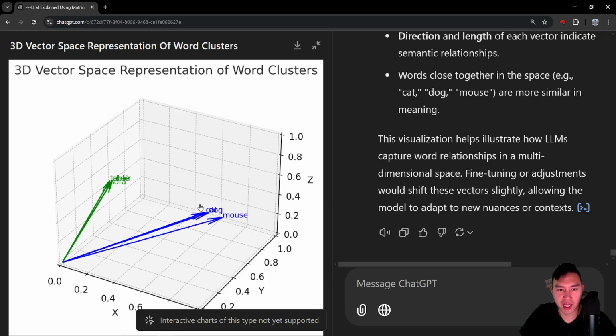So you could have cat in one concept, cat multiple times within a 3D vector space, and cat in one sentence, in one context, could be next to cat in another context, and then next to cat in another context. So it'd be like a cluster of cats with all different vectors.